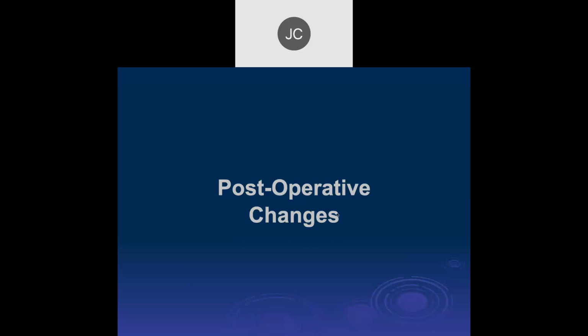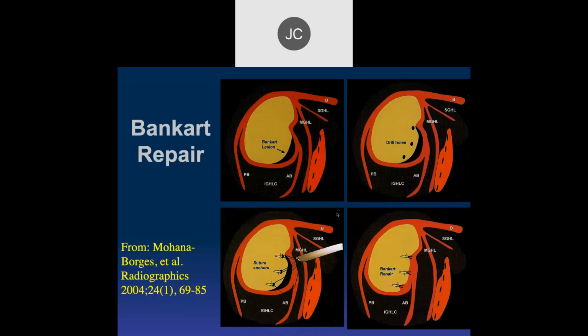Okay, so now let's talk about surgical changes. A Bankart repair is where you repair the torn anterior inferior labrum. The Bankart lesion is the tear of the labrum from the bone here due to the shearing forces in the anterior dislocation.